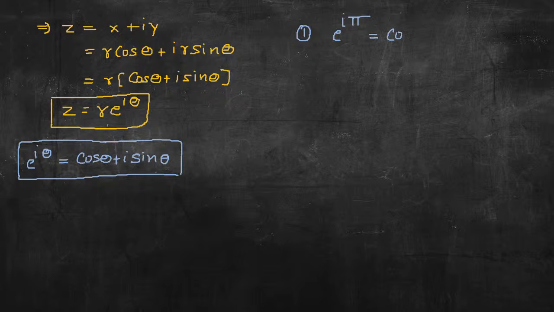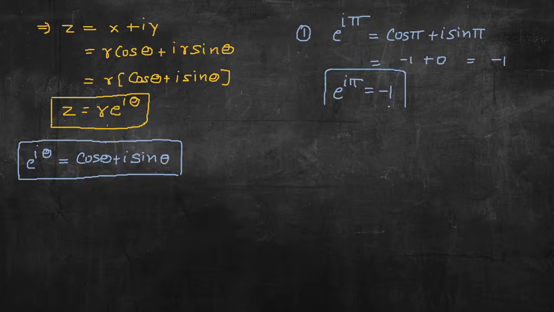So it will become cos pi plus iota sin pi. And cos pi becomes -1, and sin pi is 0, so it gives you -1. So e raised to power iota pi is equal to -1, and it is your standard result.